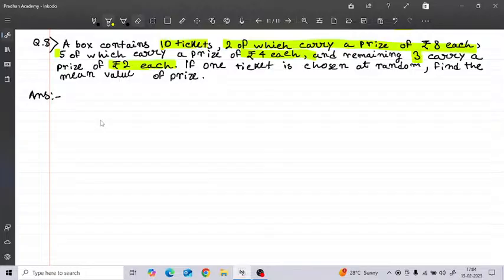So if I draw a ticket at random, let's denote this random variable x as the prize money. What are the possibilities? That is rupees 2, rupees 4, or rupees 8. There are three possibilities, any one of these three. Then let's calculate the probability distribution function.